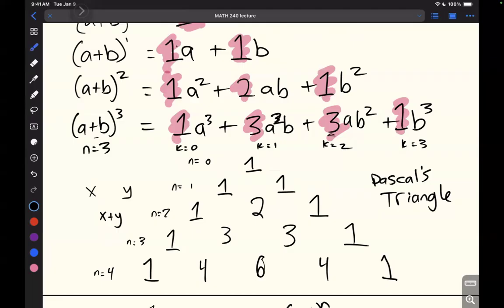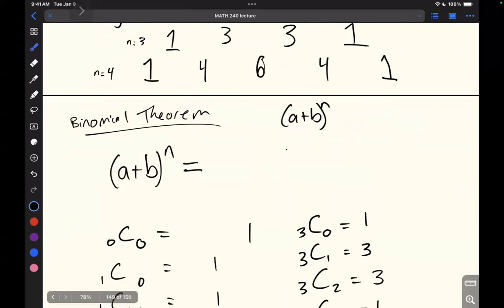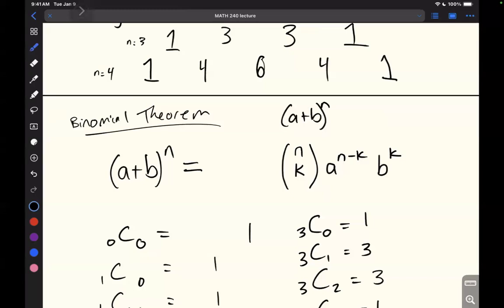And so for each term, to find out the coefficient, I'm going to write n choose k. I'll just tell you that if we're writing a plus b, the exponent on a is going to be n minus k.